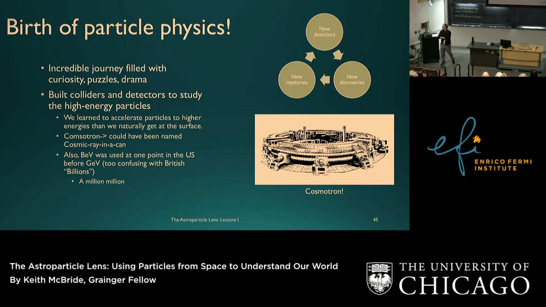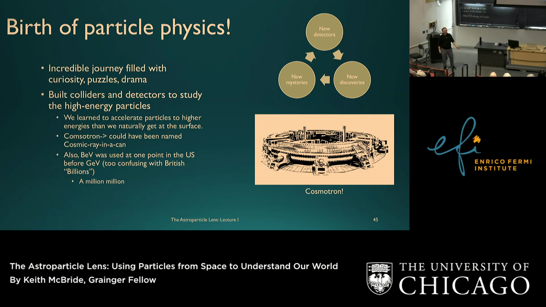There was also this confusing thing where at the time in the US, when all of this was being discovered, instead of the GeV, the giga electron volts, the US would use the BeV, the billions of electron volt unit. And the reason they stopped and switched to GeV, which is now what I have to use, right? The reason they stopped was because it was too confusing.